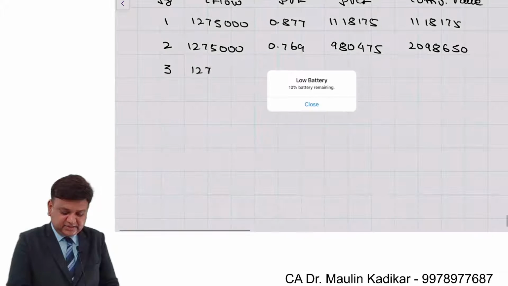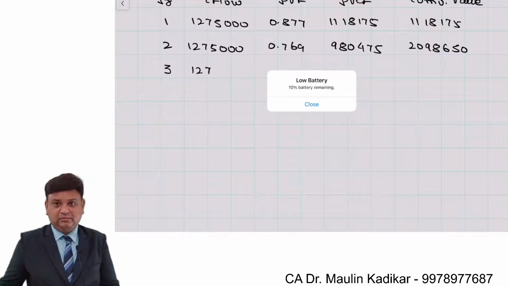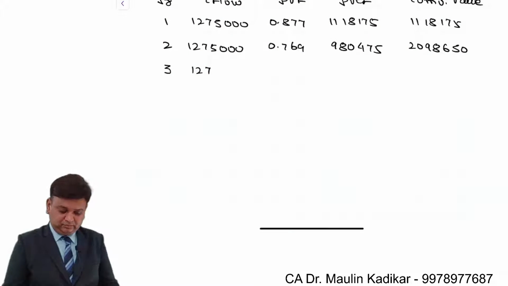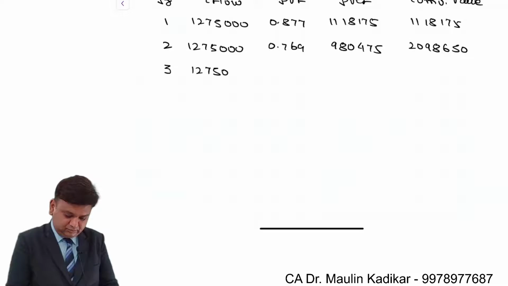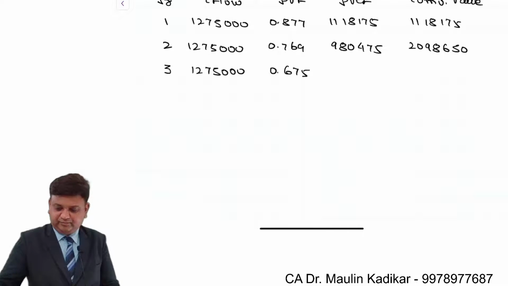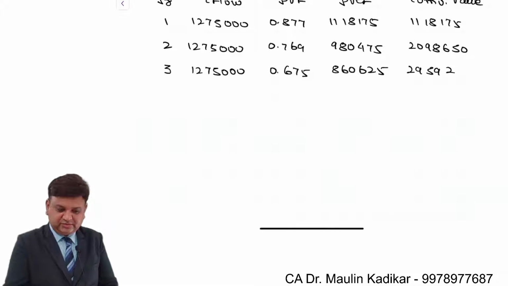Third year it is 12,75,000. Third year factor is 0.675. So it is 8,60,625. So cumulative is 29,59,275.